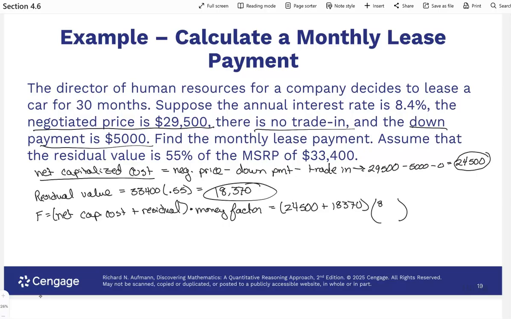Interest rate is 8.4% divided by 2,400. About 150.045.